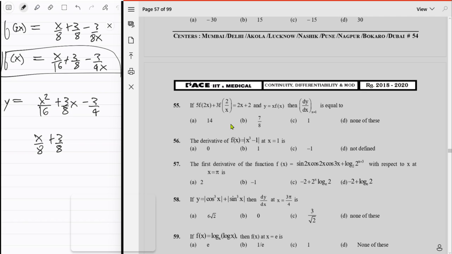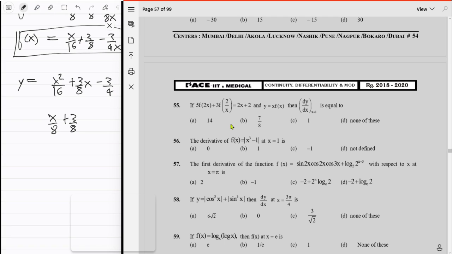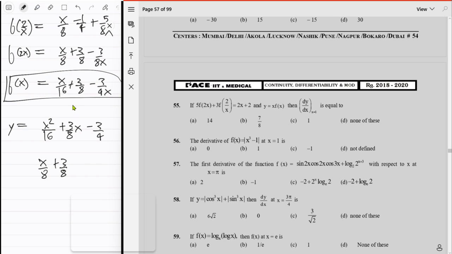And x equal to 1. This is just 1 upon 8 plus 3 upon 8. Am I going correct or not? Something is weird.